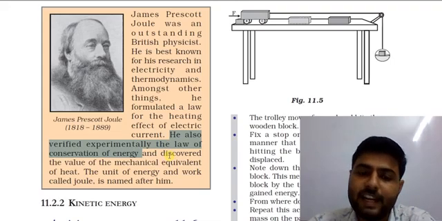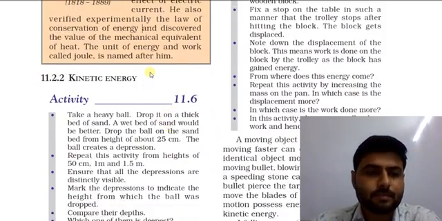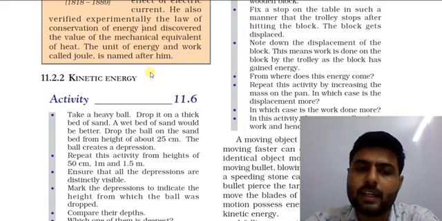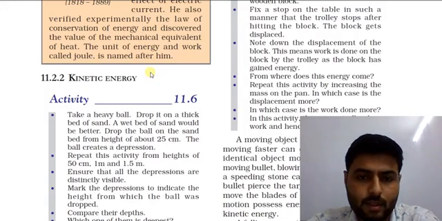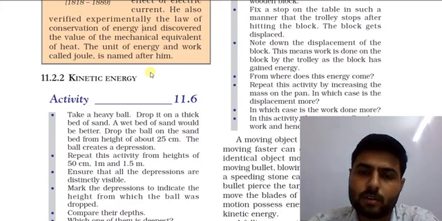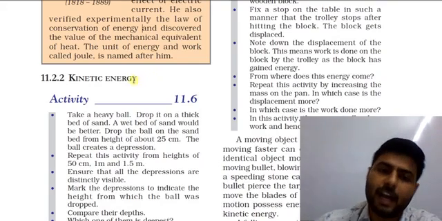The unit of energy and work is called Joule, named after scientist Joule. So we have a short introduction about Joule. You will learn his concepts and theory on thermodynamics and electricity in your higher standard.